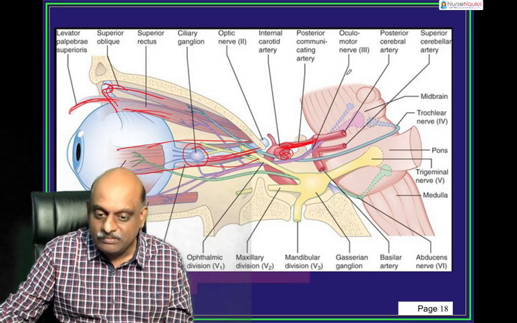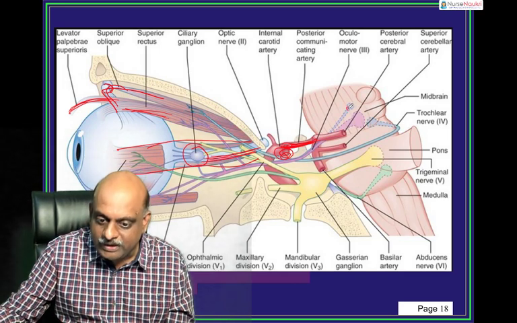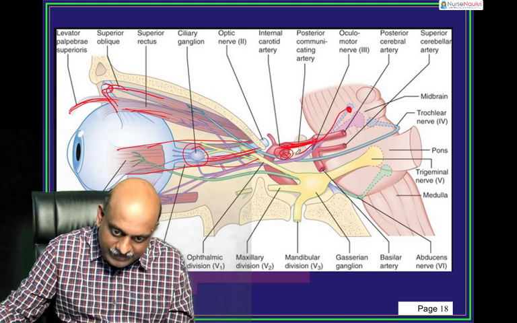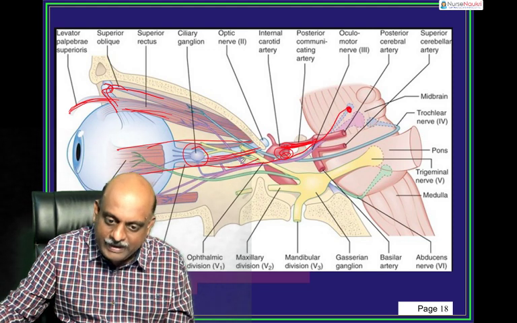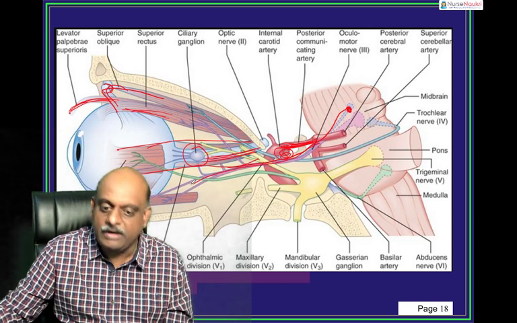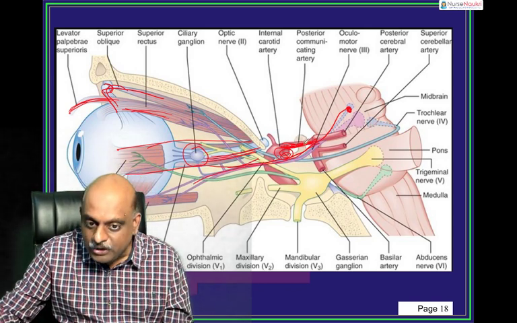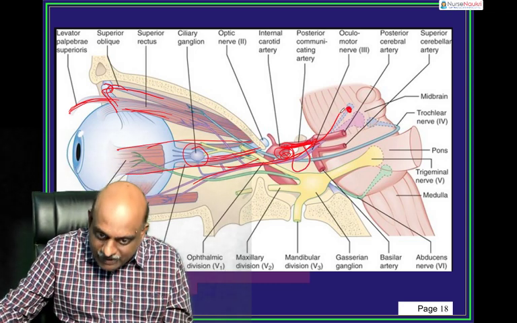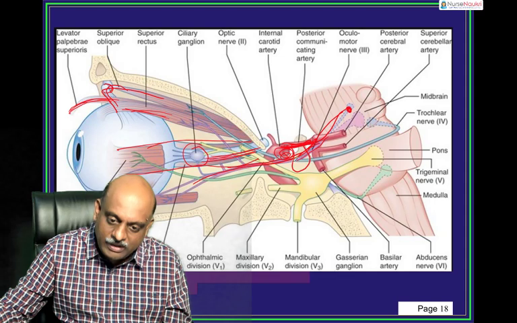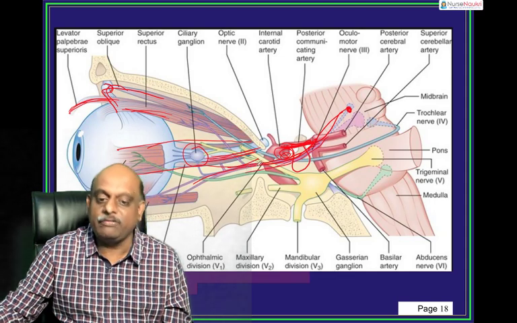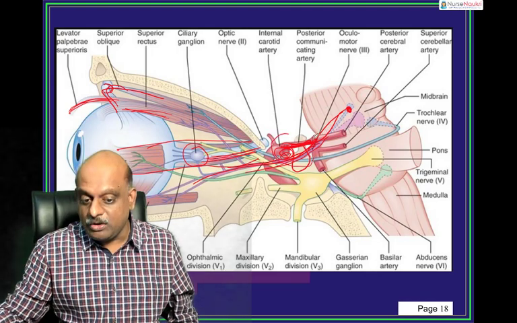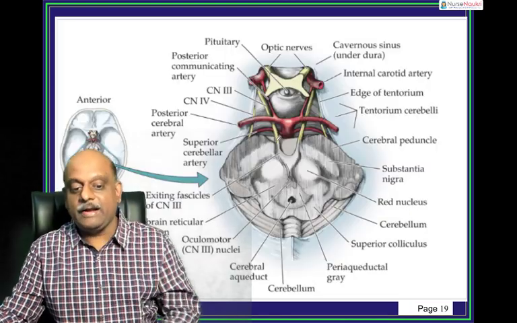And your oculomotor nerve from the midbrain comes out on its journey into the orbit of the eye. That time your posterior communicating artery, if it develops an aneurysm, it will compress this oculomotor nerve which is coming out of it, is what you need to remember. So oculomotor nerve palsy can occur because of the posterior communicating artery aneurysm.